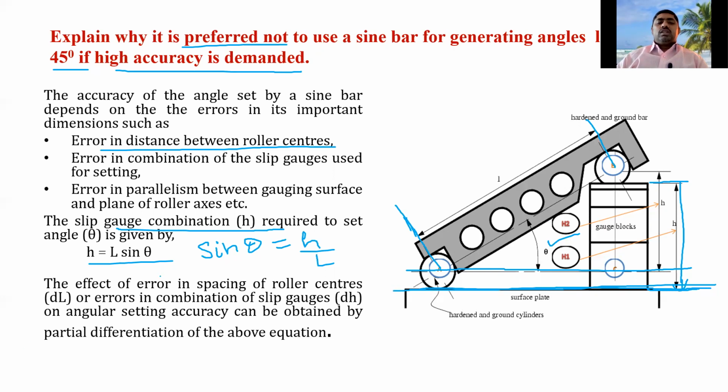And the effect of the error in spacing of the roller centers, the error in the distance between the two rollers, let us call it dL error. And the error in combination of slip gauges, let us call it dH. An angular setting accuracy can be obtained by differentiating this expression with respect to theta.